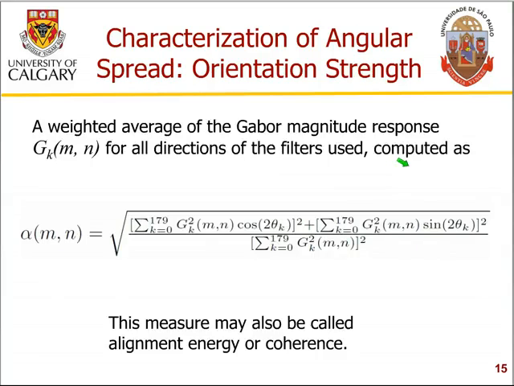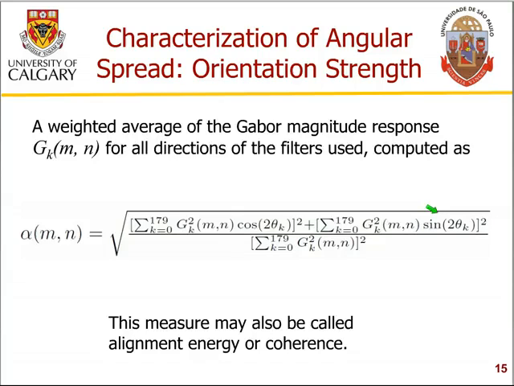There is another measure that we have designed to capture a different measure of orientation strength, which may also be called alignment energy or coherence. But it's a different concept where we take the Gabor magnitude G squared for all angles theta_k going from 0 to 179 or 180 degrees, apply a weight of G squared with cosine 2 theta and sine 2 theta, and then normalize this.